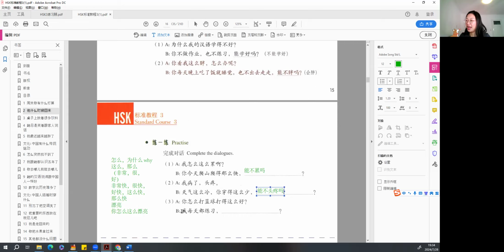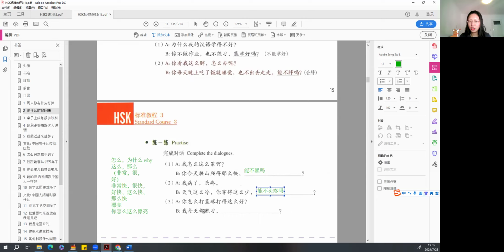Alright, so let's take a look at exercise number 3. 你怎么打篮球打得这么好? 打篮球, play basketball, 打得这么好. How could you play basketball so well? The answer: 我每天都练习. Every day I practice. 我每天都练习.